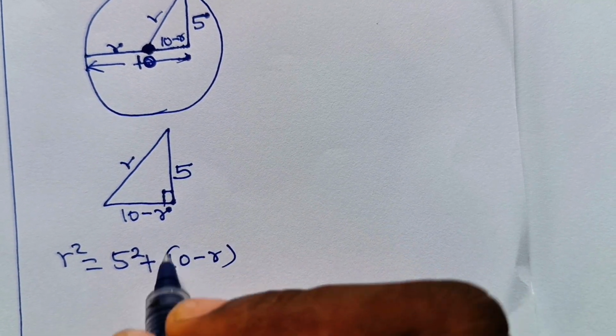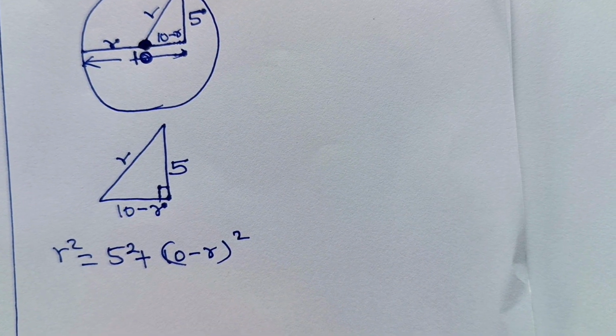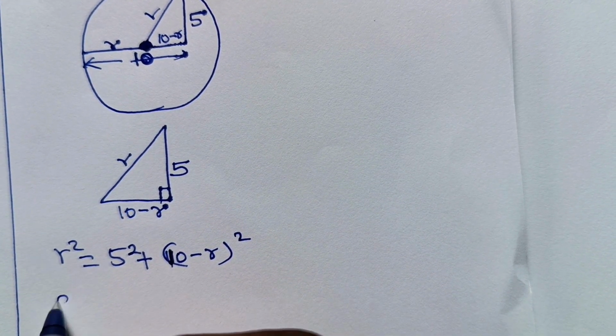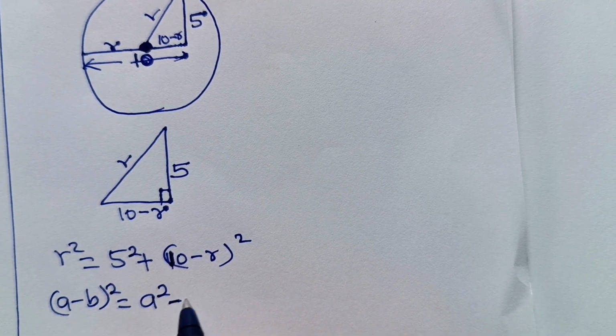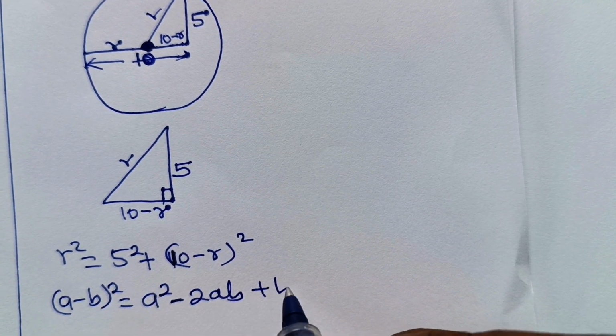(10 minus r) squared. Remember that (a minus b) all squared is equal to a squared minus 2ab plus b squared.